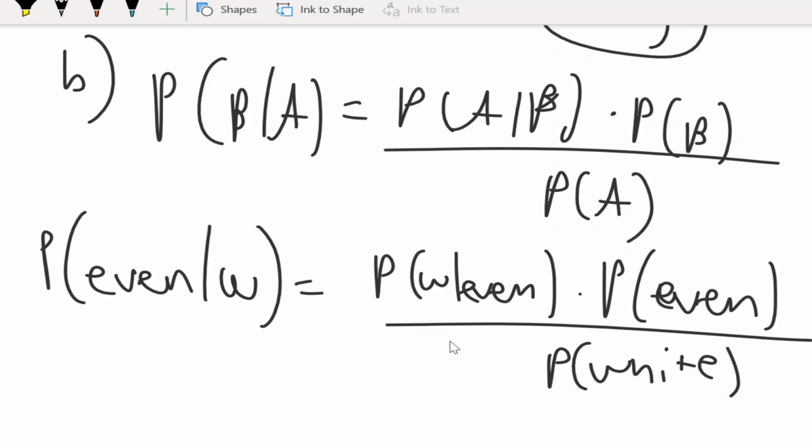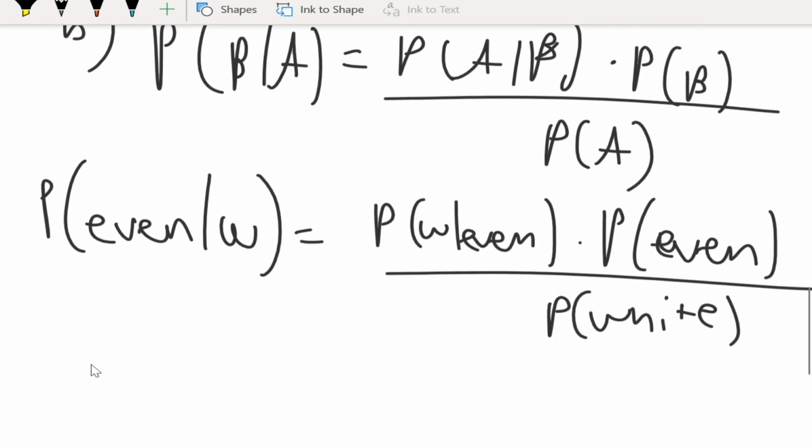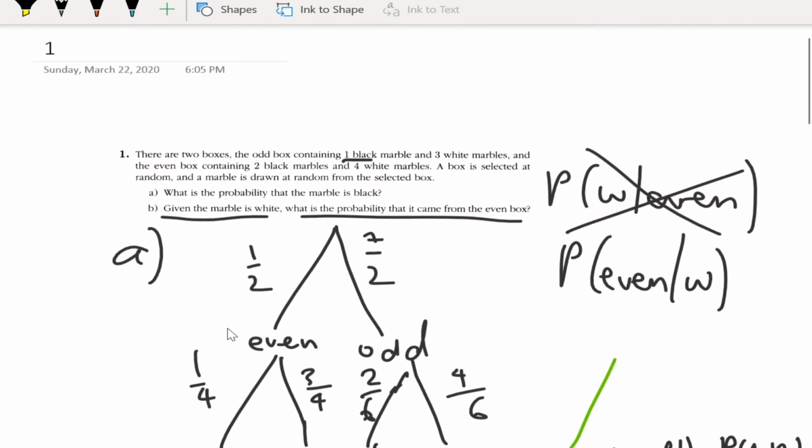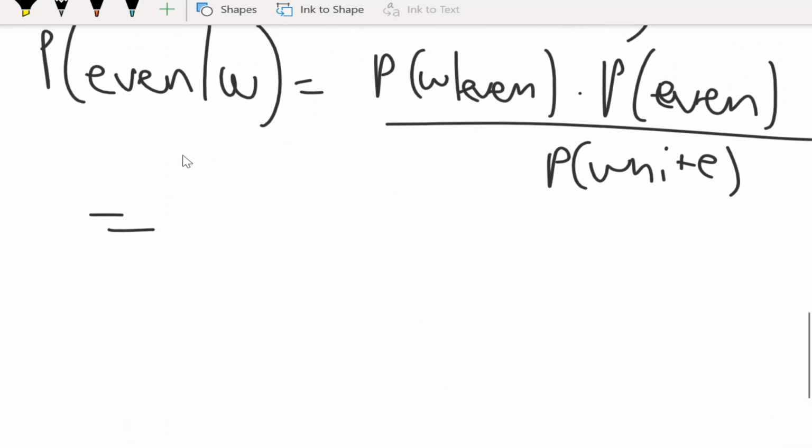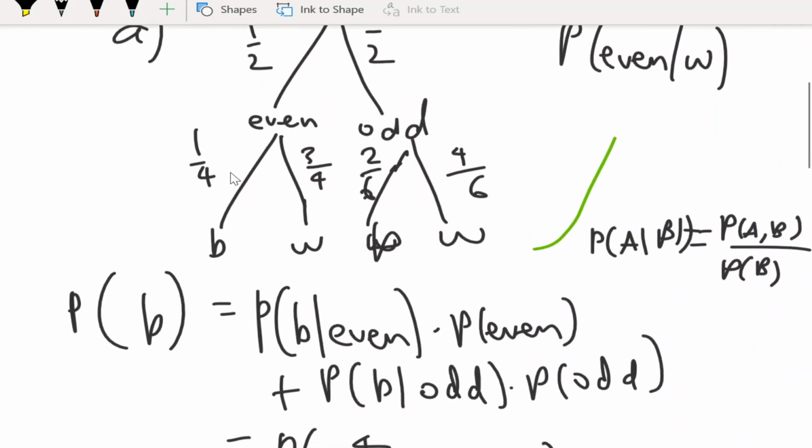So P of white given even is 3/4, times the probability of even, which is half, all divided by the probability of white.